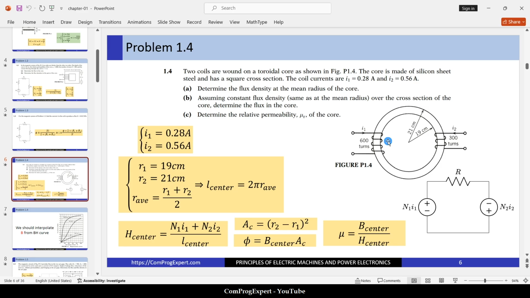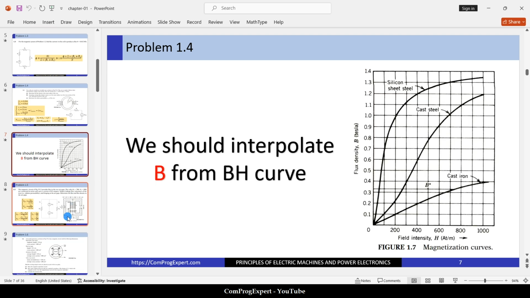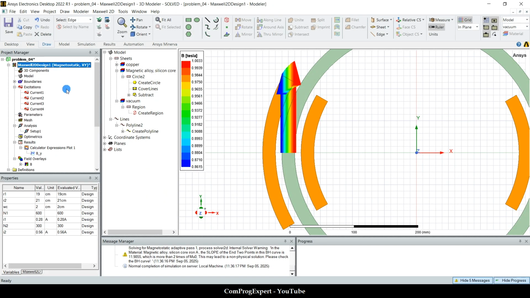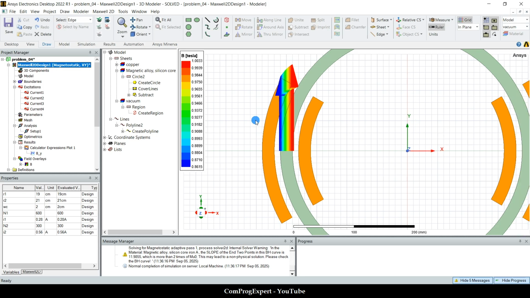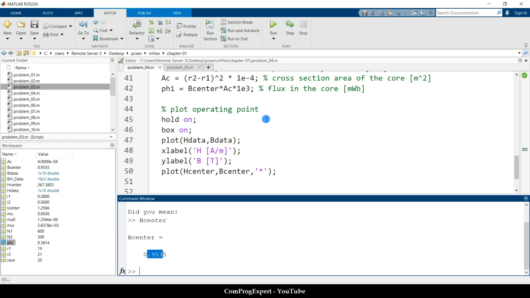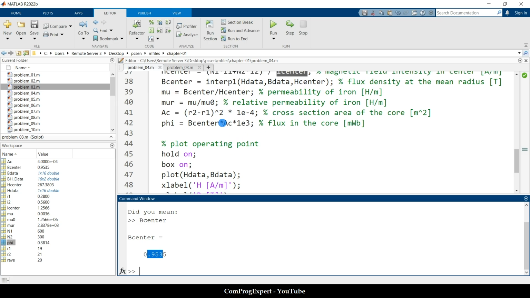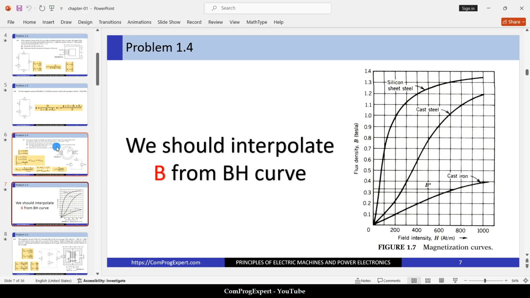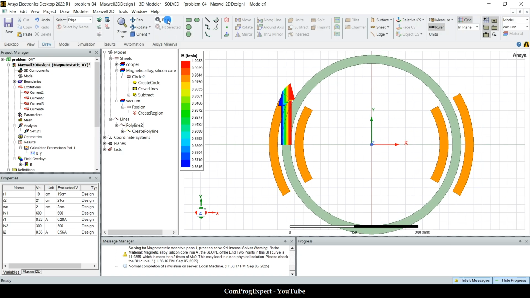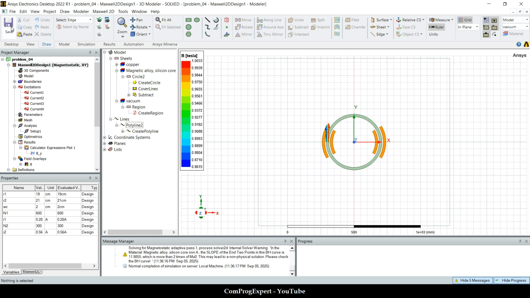So anyway, let's go for the next problem. Maybe for this problem 4, you can select other materials with different HP curves, export them and use them in MATLAB, recalculate it, use this equation and compare your solution with what you get in the ANSYS Maxwell software.